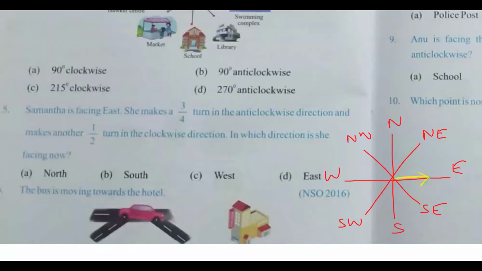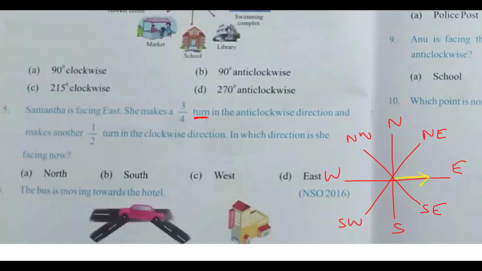Now she makes 3 by 4 turn. 3 by 4 turn means what? If we talk about one complete turn, one complete turn constitutes how many degrees? Ma'am, 90 degrees? Not 90, one complete circle.